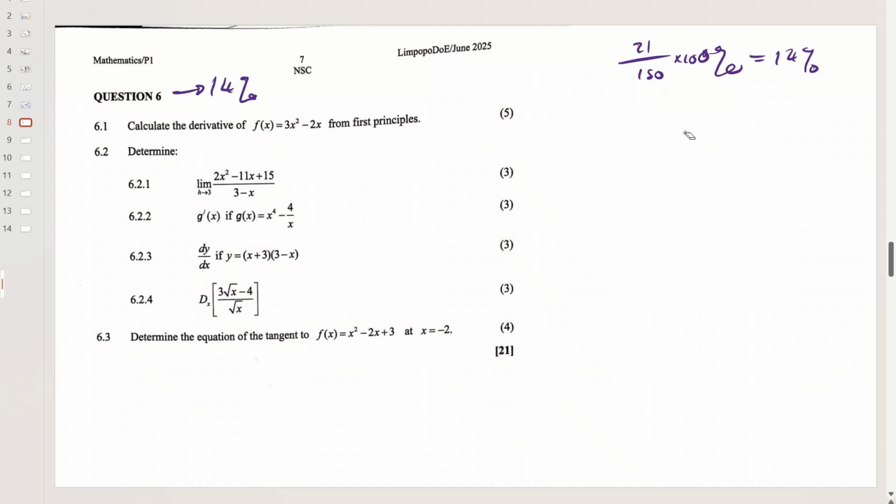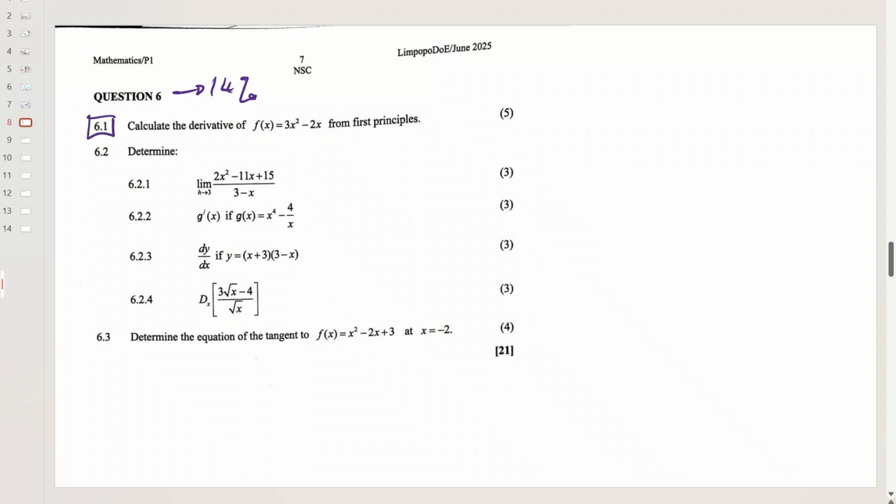You'll have got 14% from just this question 6. So from 100% minus 14%, you're left with 86%. So you see, guys, how good it is to know your derivatives. This is part one of calculus. Know your derivatives well. This will give you marks in the exam.